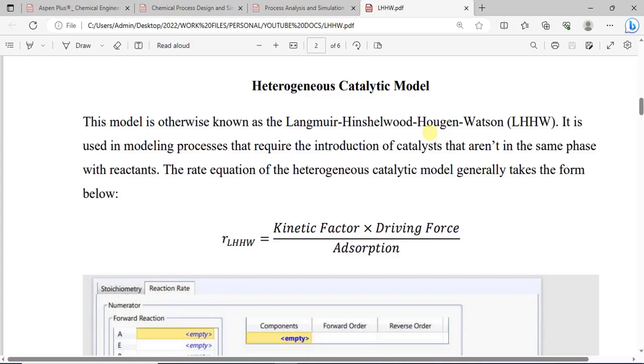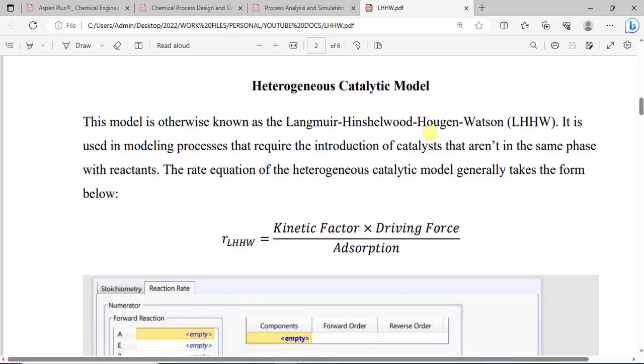The basic expression for the rate law for the heterogeneous catalytic process is the one we have on the screen, which is R_LHHW is equal to the kinetic factor multiplied by the driving force, all over the adsorption term. So this expression is quite similar to the kinetic expression.